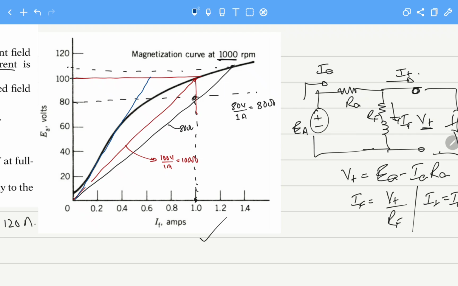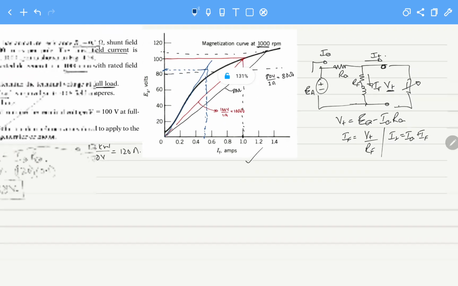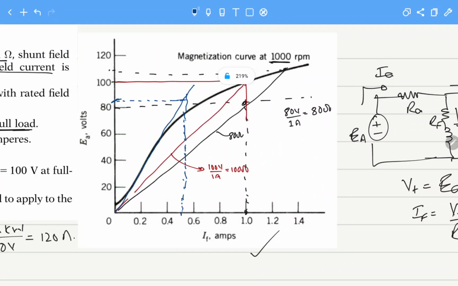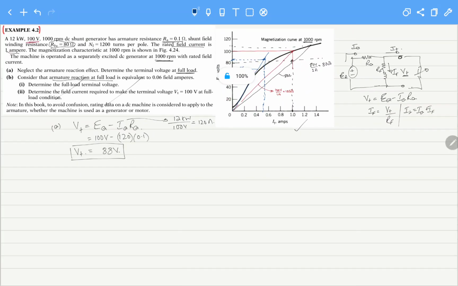If we take this value, say this is 85 volts, then the slope of this line is 85 divided by 0.5.